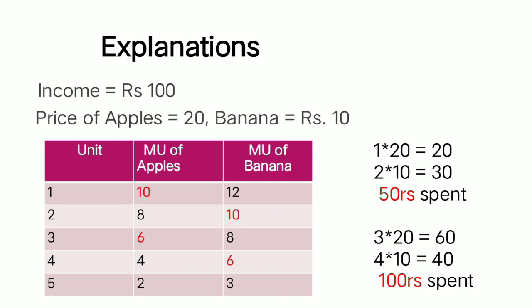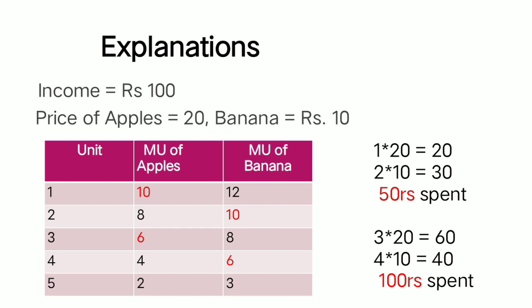So the units are 1, 2, 3, 4, 5. Let's see how we get the marginal utility of apple. We subtract 2 each time: 10 minus 2 is 8, 8 minus 2 is 6, 6 minus 2 is 4, and 4 minus 2 is 2.